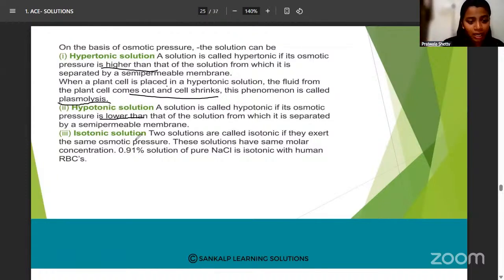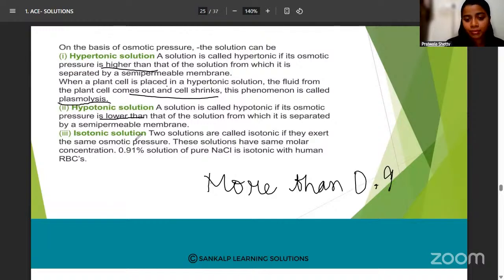Okay, and another important point which I have to mention is to remember more than and less than 0.9, because this is asked. More than 0.9, less than 0.9.